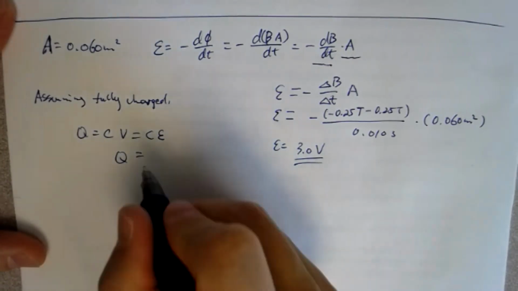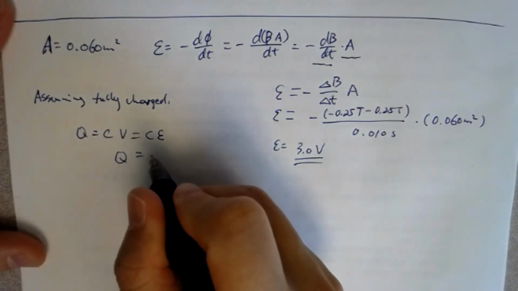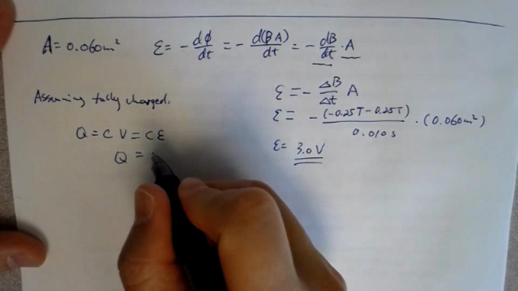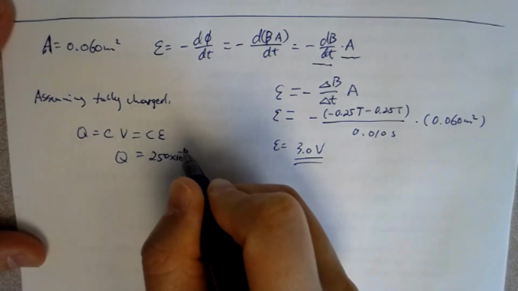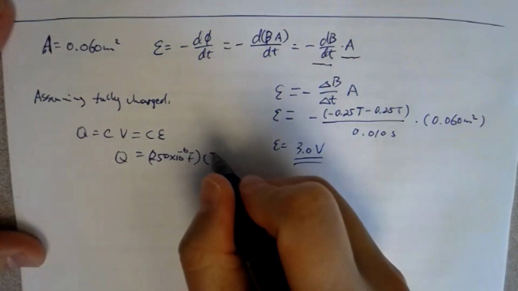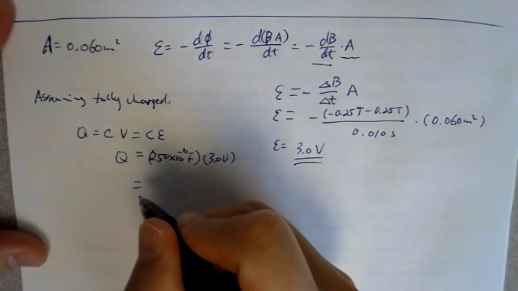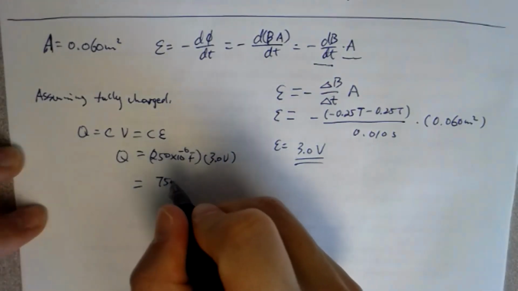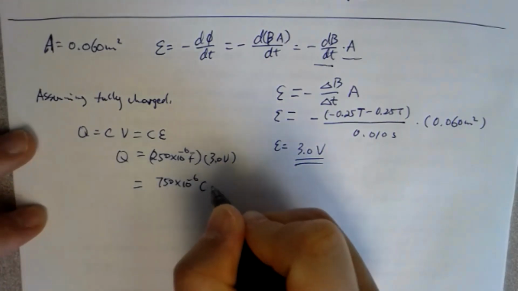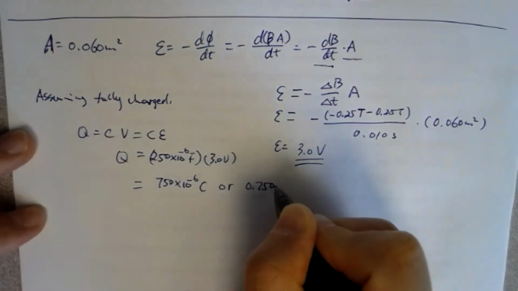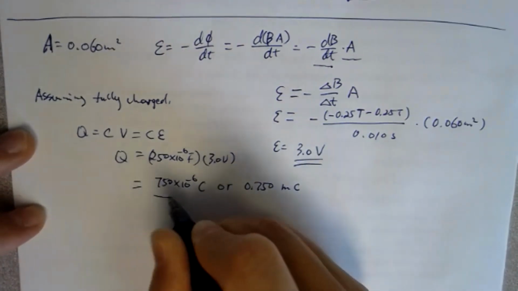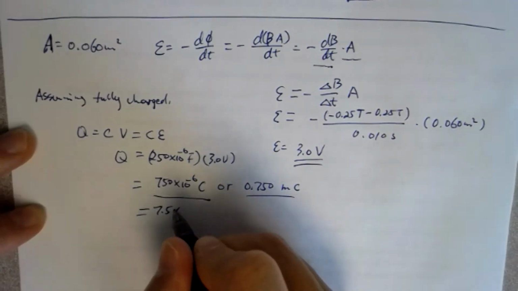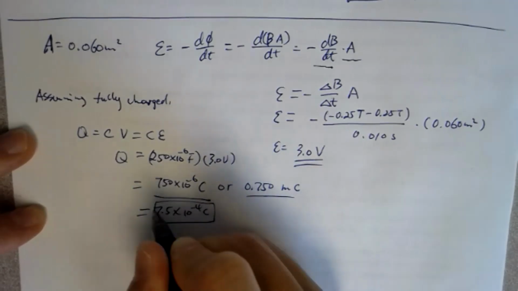So Q equals C times epsilon. C is 250 times 10 to the minus 6, and epsilon is 3. That gives you 750 times 10 to the minus 6 coulombs, or you can say 0.750 millicoulombs. Or 7.5 times 10 to the minus 4 coulombs.